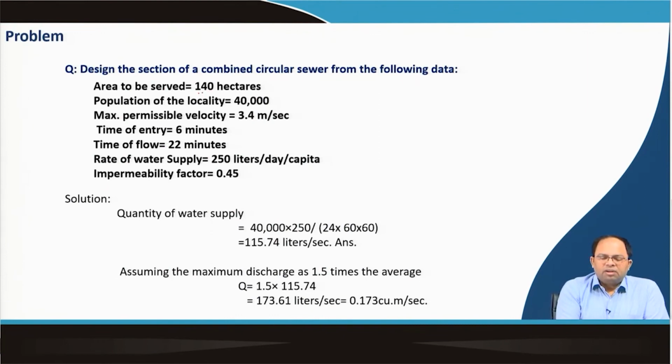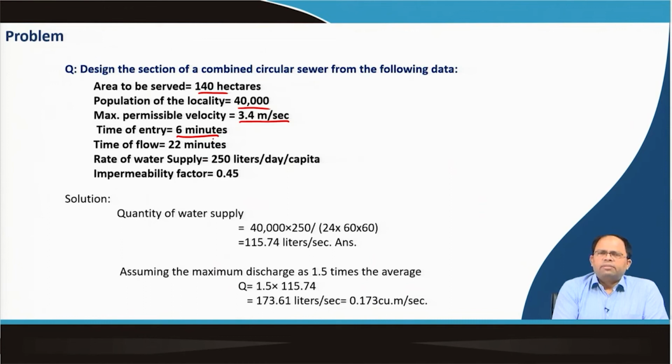We have an area to be served of 140 hectares, a population of 40,000, and a maximum permissible velocity of flow of 3.4 meter per second inside this pipeline. Time of entry is 6 minutes.